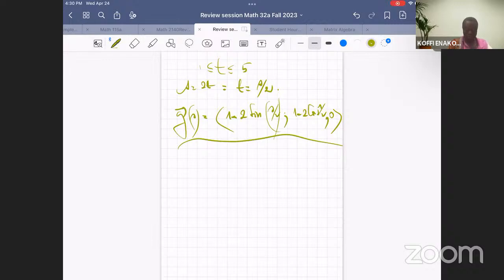But we need to tell where this s is located. Because t is between 1 and 5, s is between 1 and 5.